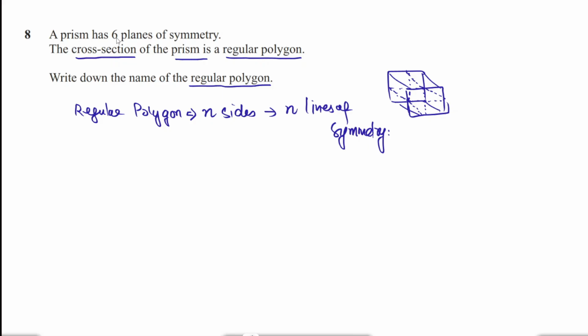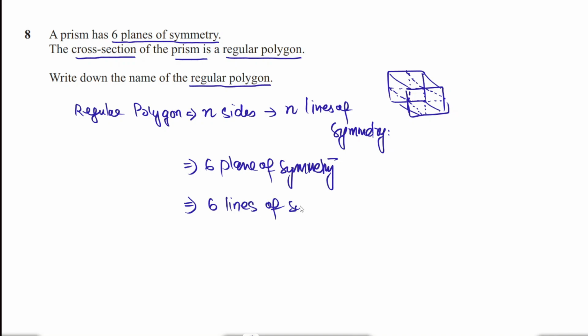Okay, so it has 6 planes of symmetry in the 3-dimensional figure. It means the 2-dimensional figure has 6 lines of symmetry here.